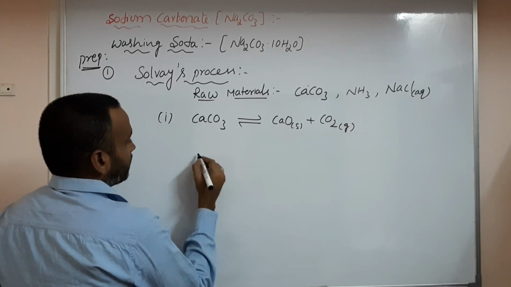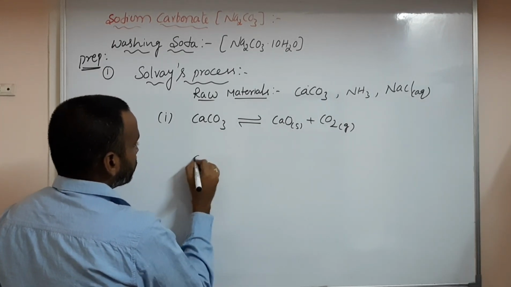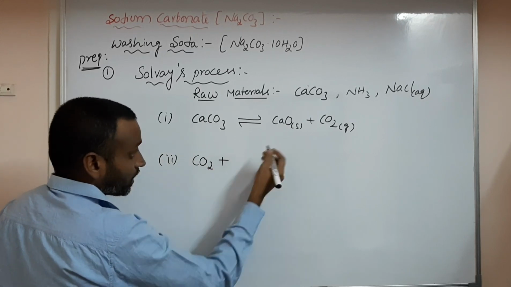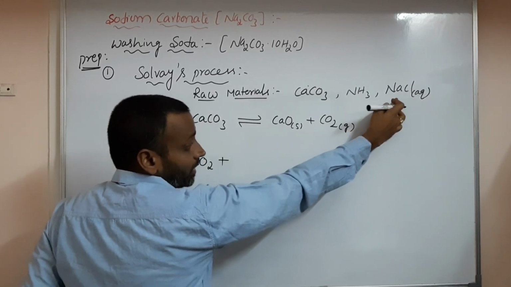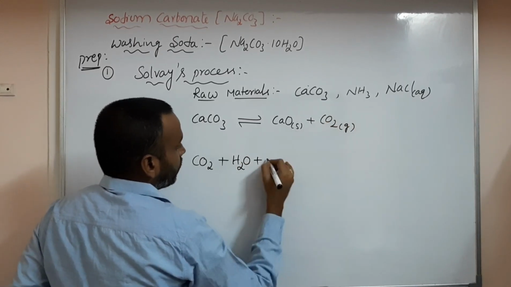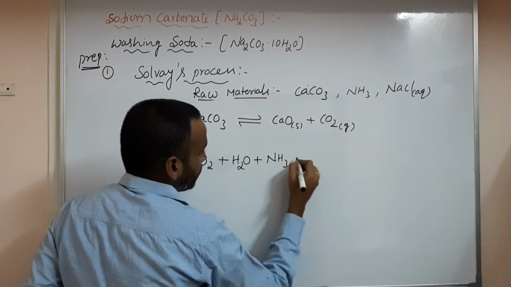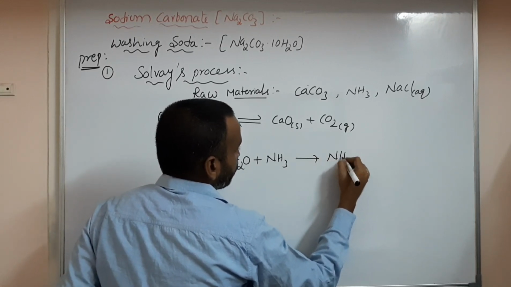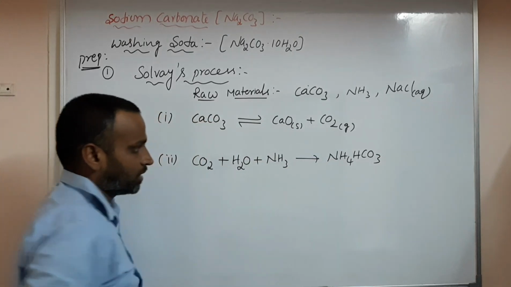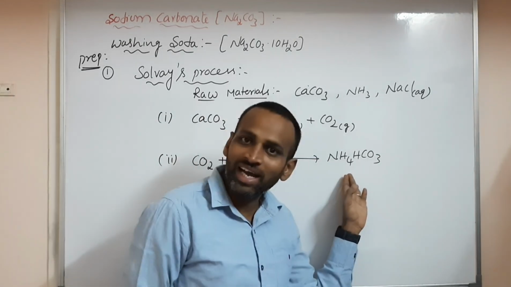Now what happens? The second step: the formed CO2 will combine with water, since aqueous NaCl means water will be there. So with water and ammonia NH3, you will get NH4HCO3. Sir, can you write NH5 like that?